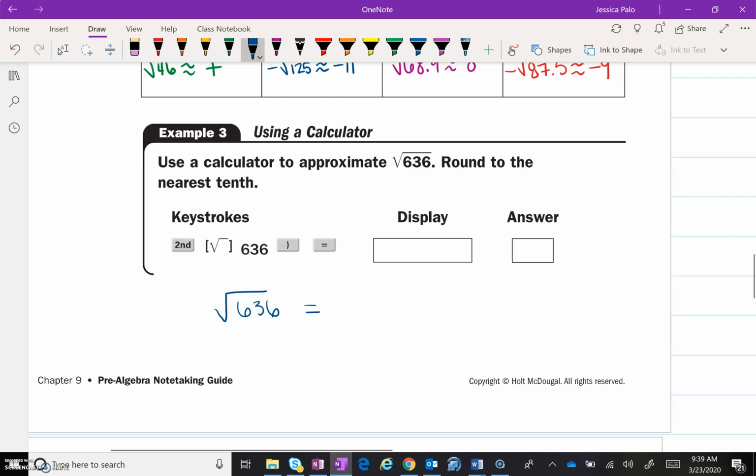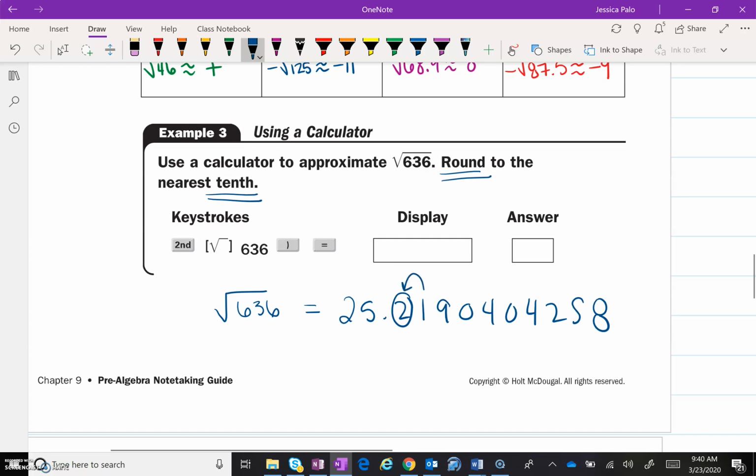So when you plug the square root of 636 into the calculator, you get 25.21904044258. Well, that's ridiculous. That's why it says round to the nearest tenth. So we are rounding to the nearest tenth.